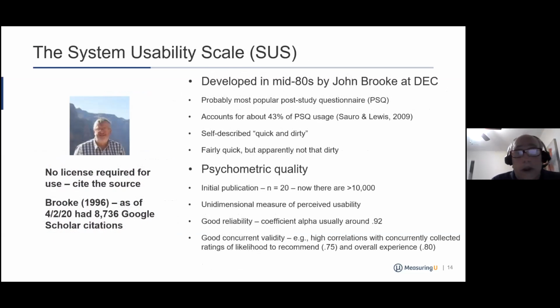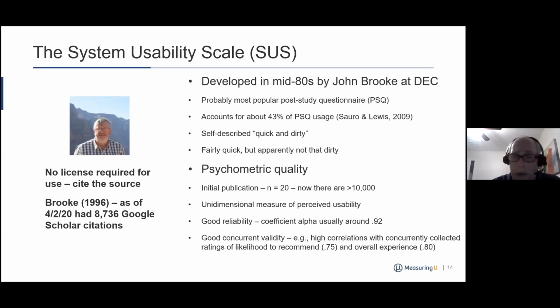Okay, the System Usability Scale was developed in the mid-1980s, but it wasn't published until the mid-1990s. This is by John Brooke. It really is the most popular post-study questionnaire. It was self-described as quick and dirty, but as more data was gathered, it was clear that it is fairly quick, but it really doesn't seem to be all that dirty.